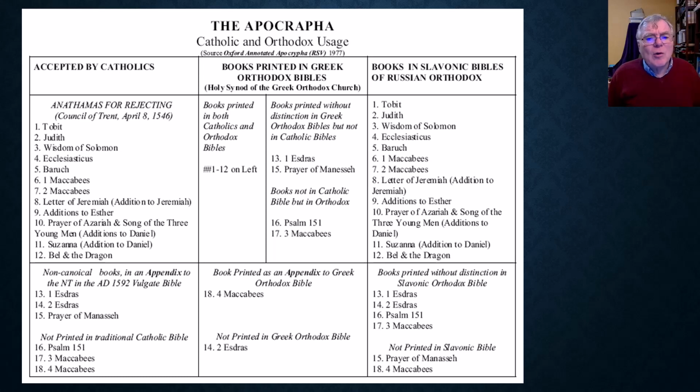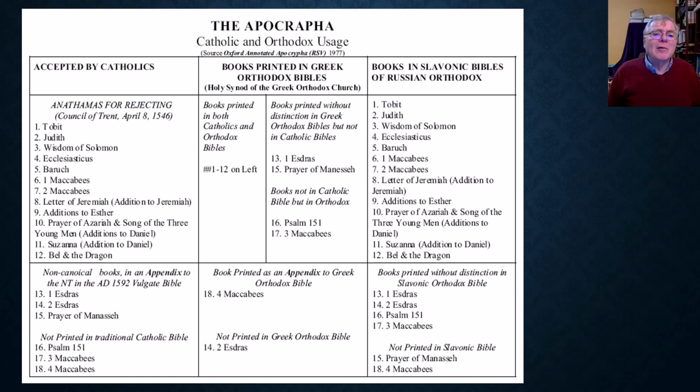Now, when you get to Greek Orthodoxy, again, we're judging by how they print in their Bibles. My source for this, by the way, is the Oxford Annotated Apocrypha of the RSV, 1977. I believe this was compiled by Bruce Metzger.